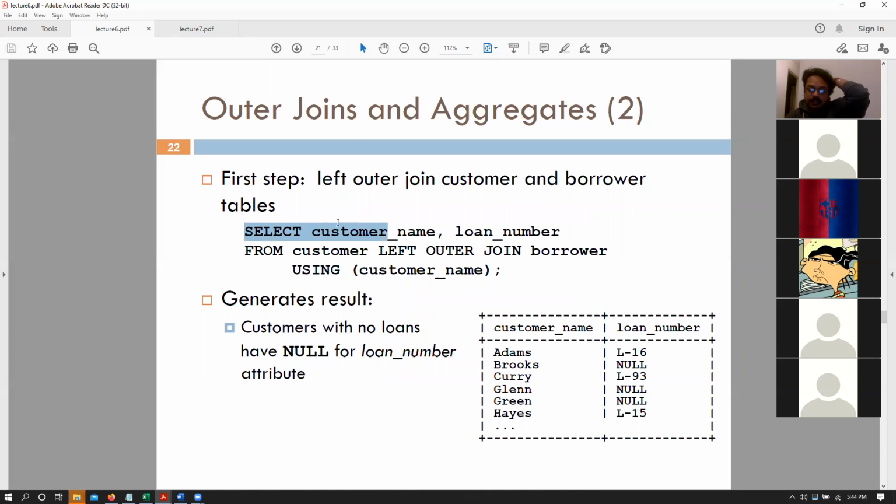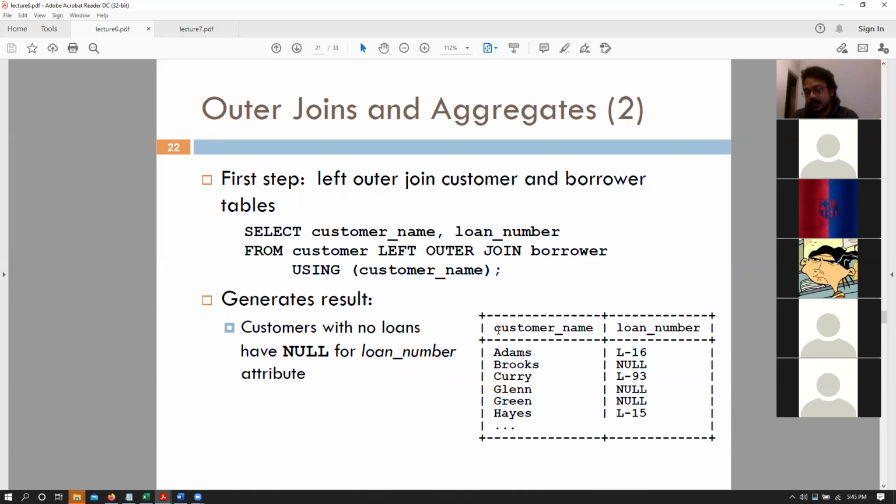For example, select customer name, comma, loan number from customer left outer join borrower. We did customer left outer join borrower, and we said using customer name. So basically this was the on clause that says customer.customer_name equals borrower.customer_name, right? So we just said using customer name as a common attribute, and that joined this entire table.